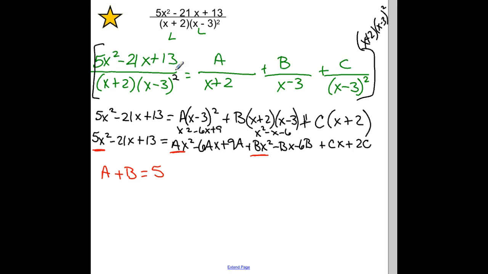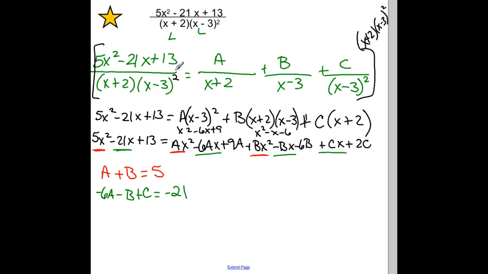Now let's find any x's. We have negative 21 of them over on this side. What do we have on the right-hand side? Negative 6a of them, negative b of them, and positive c. So negative 6a minus b plus c has to balance with a negative 21.